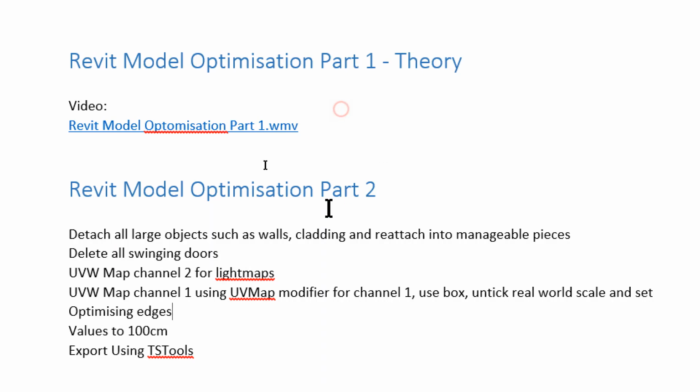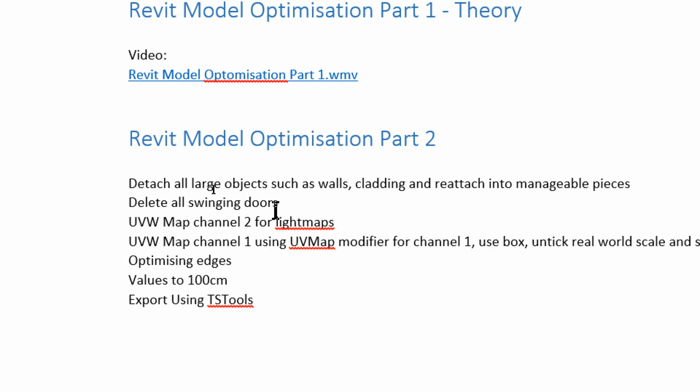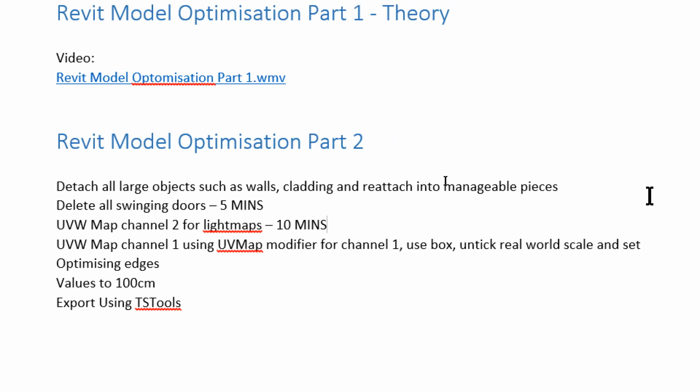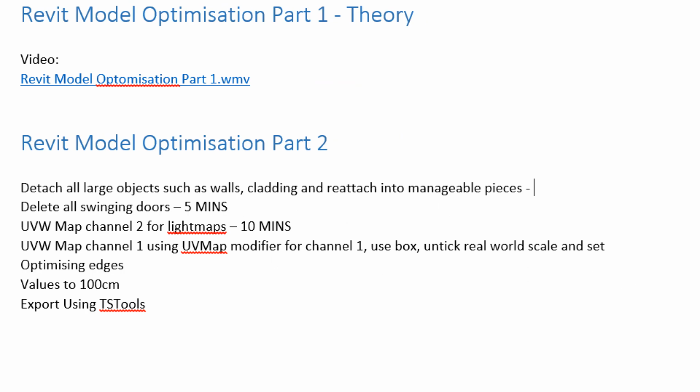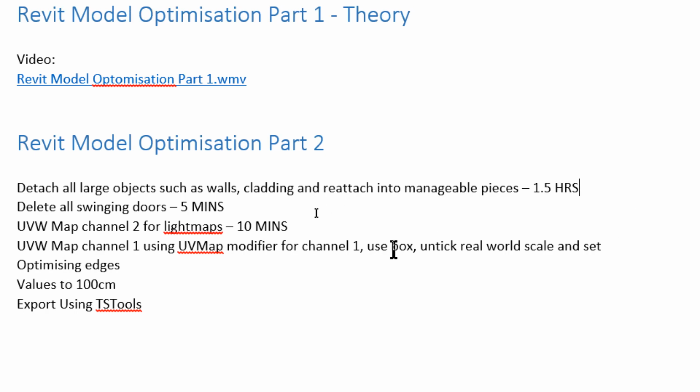Your goal is that this should take you 5 minutes. This should take you maybe 10 minutes, because it may take your computer 5 minutes to process. This should take you no more than an hour and a half. This is where you want to get to.